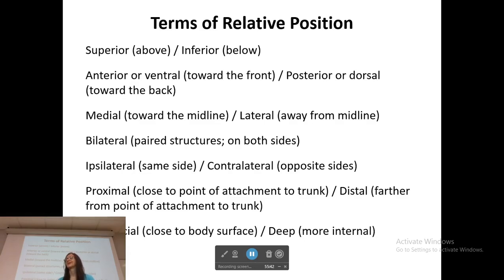Starts with a P. Parietal pericardium is more superficial, right? Because it's closer to the surface than the visceral pericardium is. Visceral pericardium is the deeper layer.